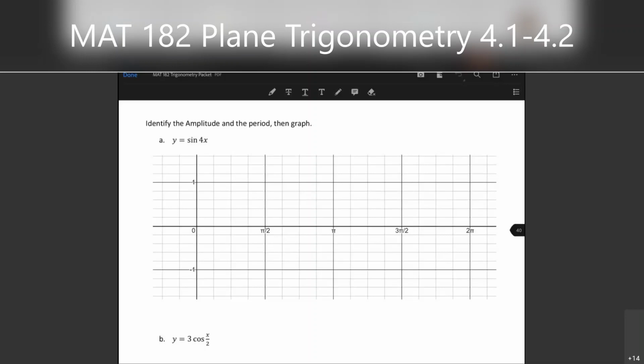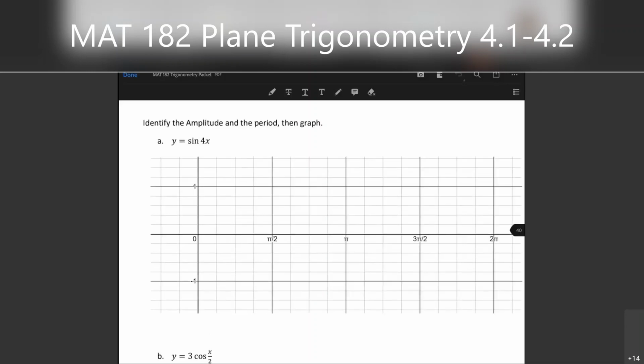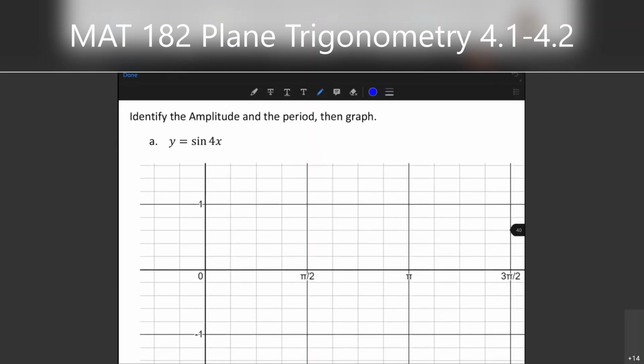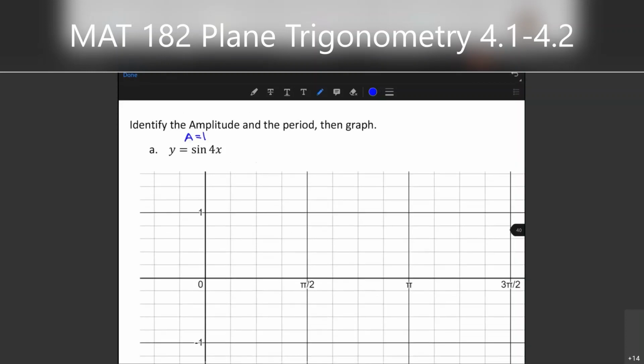So let's take a look at this next example, and then we'll take a look at a live problem. In this case, we're just going to do a period shift for our sine function. Notice that we have an a value just equal to 1, so our amplitude doesn't change.